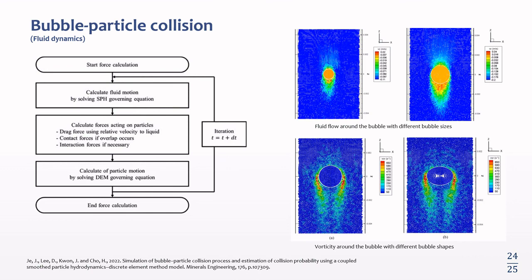The algorithm starts with force calculation and then calculates fluid motion by solving the SPH governing equation, and then calculates forces acting on particles, including drag force using relative velocity to liquid, then contact forces if overlap occurs, and then interaction forces if necessary and applicable, and then calculates particle motion by solving the DEM governing equation, and then force calculation at the end.